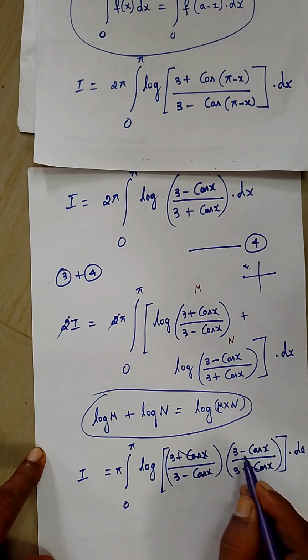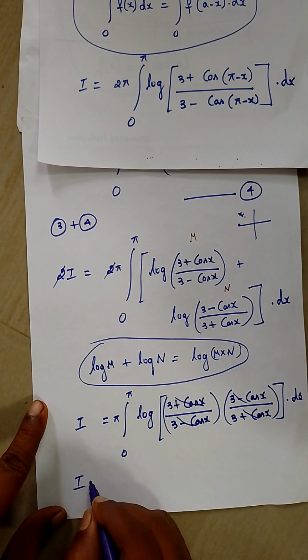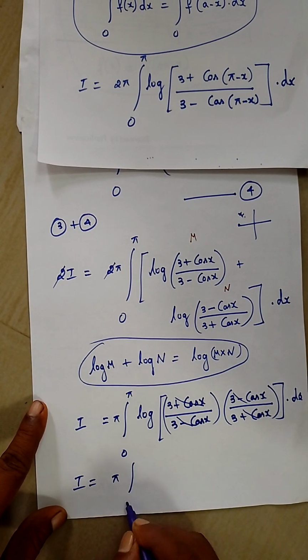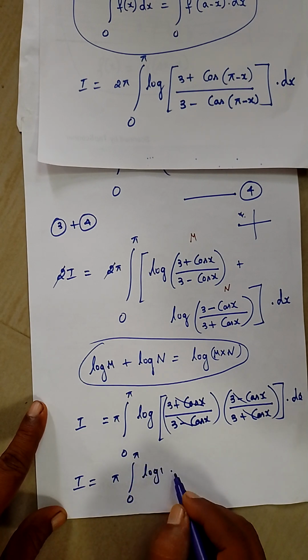Now these terms get cancelled and we have I is equal to pi integral 0 to pi log 1 into dx.